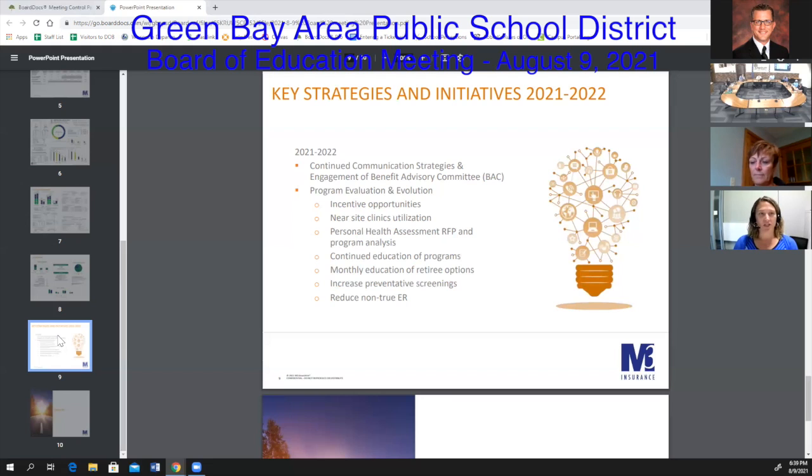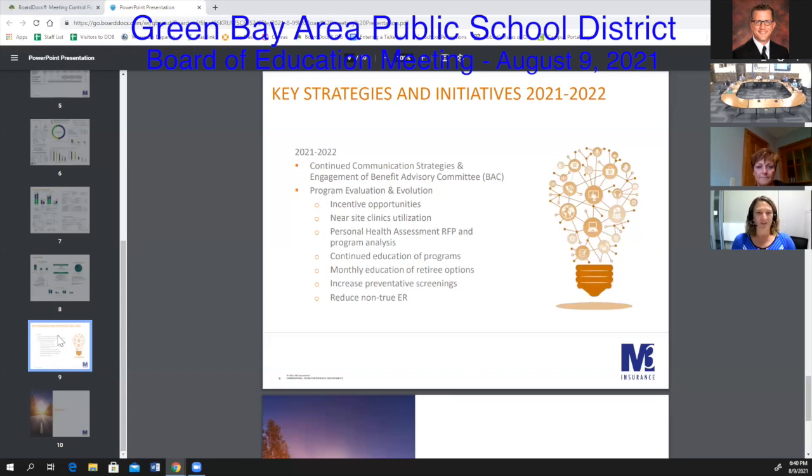We'll continue with the education programs and continue to enhance those as well, in addition to providing educational opportunities for our retirees and helping them to understand what options are available to them, both directly from the Green Bay Area Public School District, but also opportunities available because of the partnership with M3.